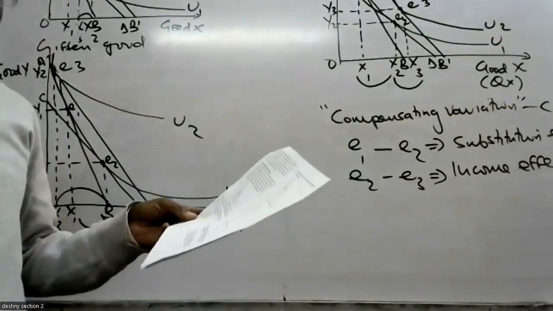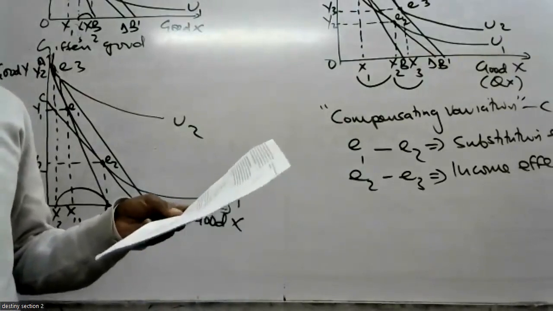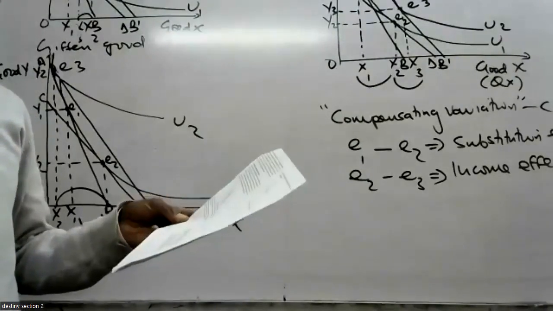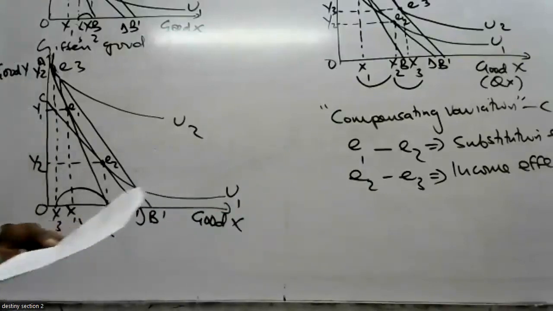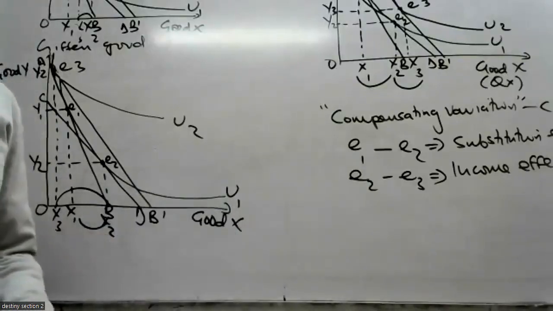While the negative income effect is greater than the substitution effect, then the commodity is said to be a Giffen good. In this case, the overall price effect of a fall in the price of commodity X is a fall in the consumption of the commodity.